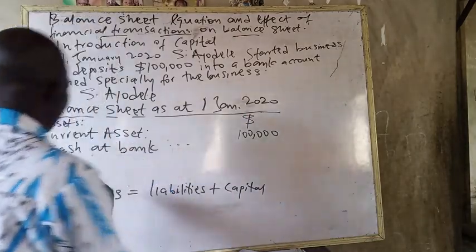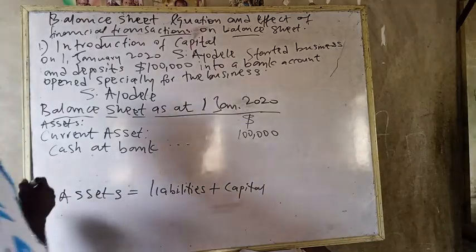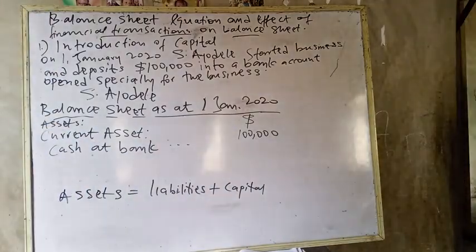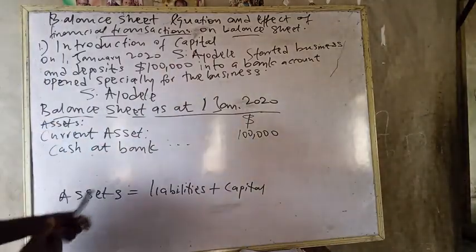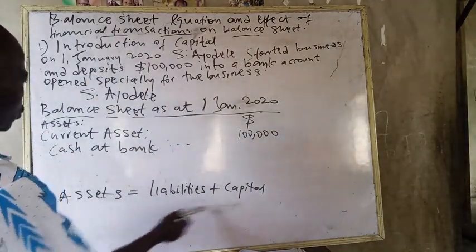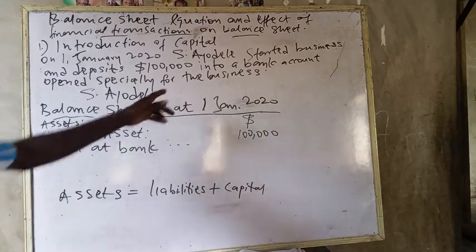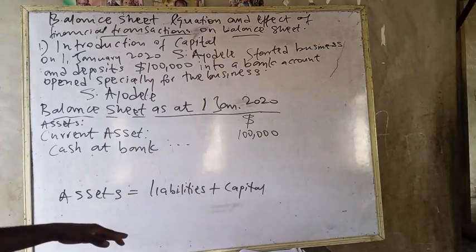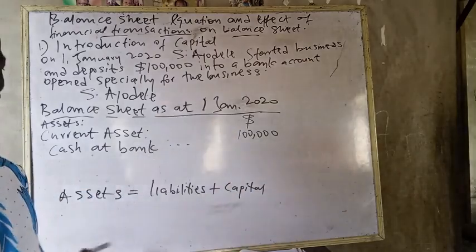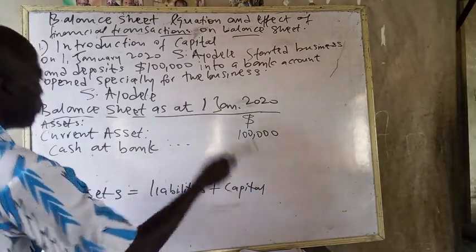So what is the next? This is the current asset. Then we go to: asset, liability, and capital. One of these is not here. Which one is not here now? It is liability. So the ones that are here now are asset and capital.